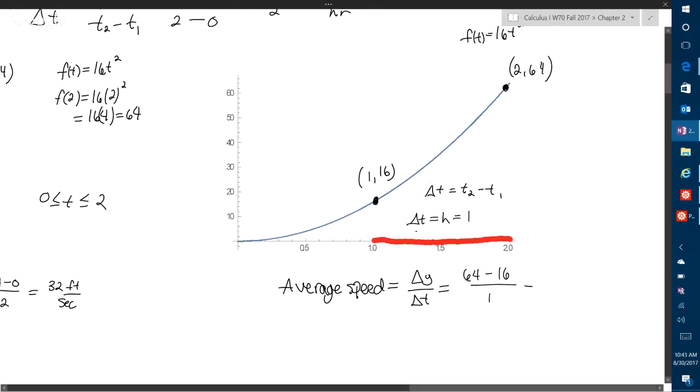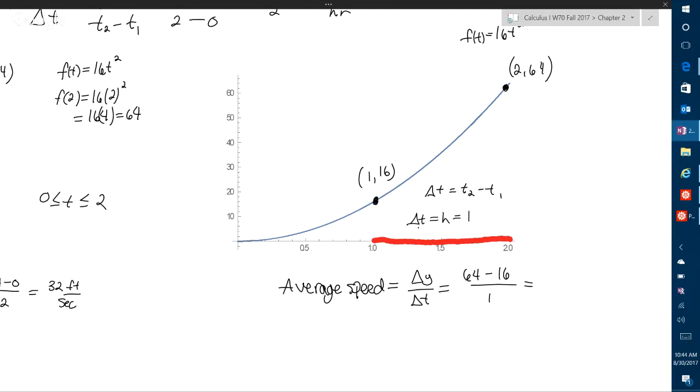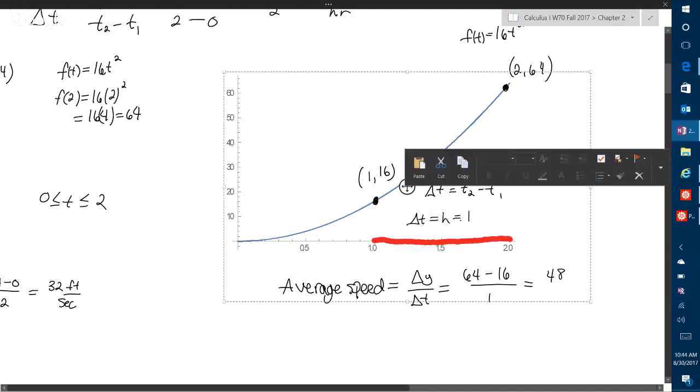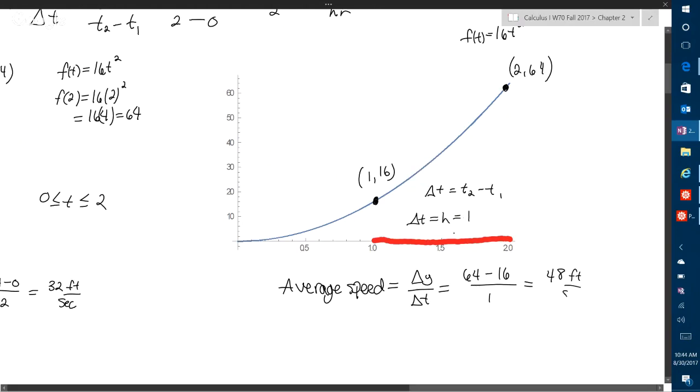The change in t is the same as h, and we've already established that's just 1. 64 minus 16, what does that give us? 48. We divide it by 1 technically, but that's it. This is 48 feet per second.